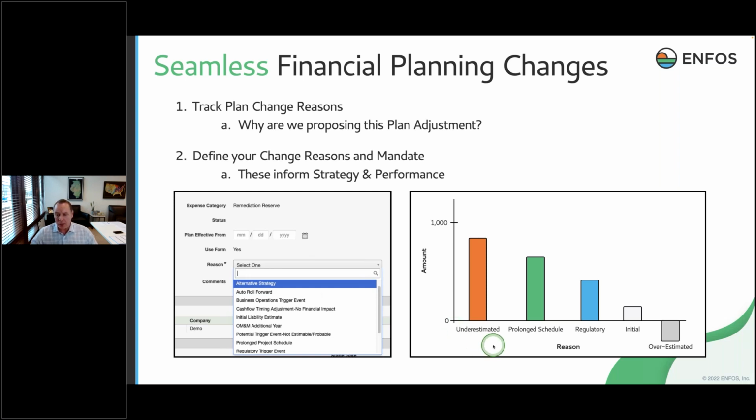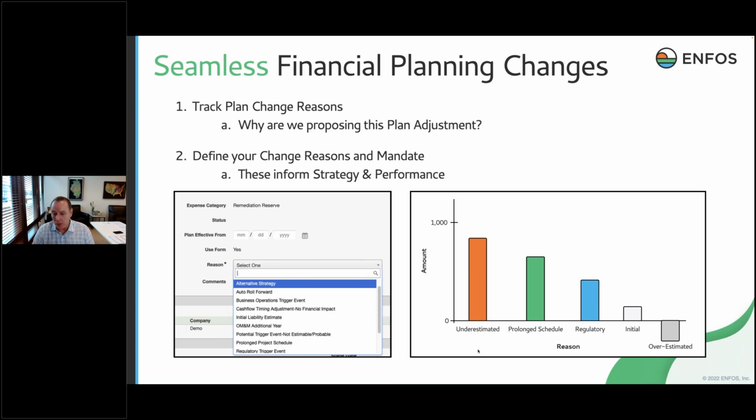So over here to the right, you're looking at an example bar chart. At the end of a year, at the end of a quarter, or really any period of time, if you're tracking your plan change reasons appropriately, you're able to evaluate why our financial plans changed by reason.